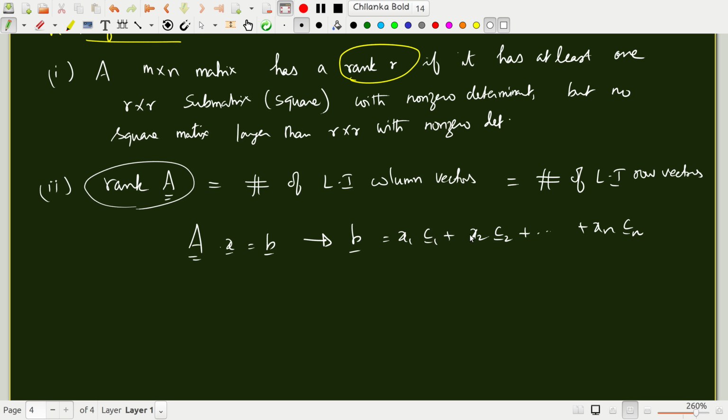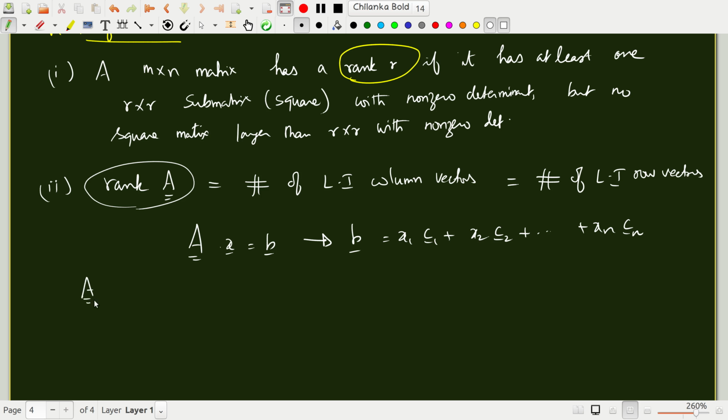If you have fewer than n linearly independent vectors, then the expression of b in terms of those vectors cannot be unique. You can always choose some other set of coefficients, thereby making it non-unique, because not all the vectors are linearly independent.